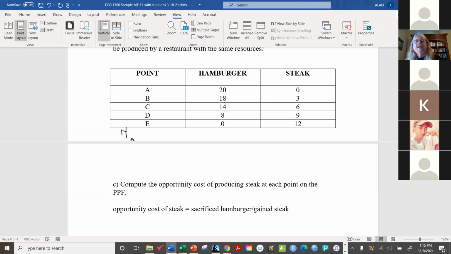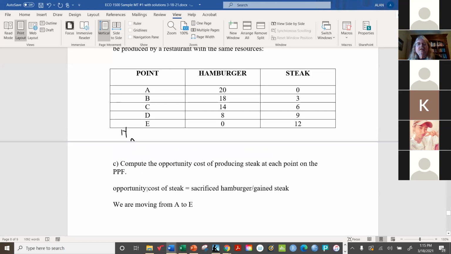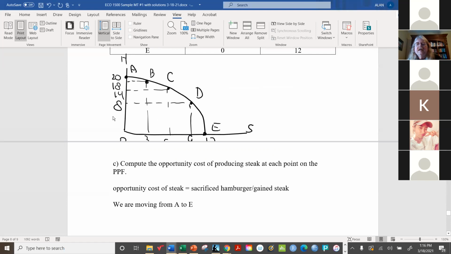And now we are moving this time from A down to E. In other words, in order to incur an opportunity cost of steak, that implies that we're making more steaks and less hamburgers. So we're going from A down to E this time. That's an important detail. If you get that backwards, you're going to get the wrong results.